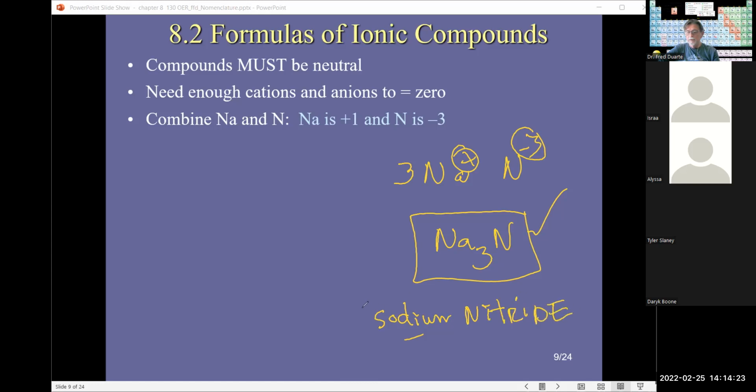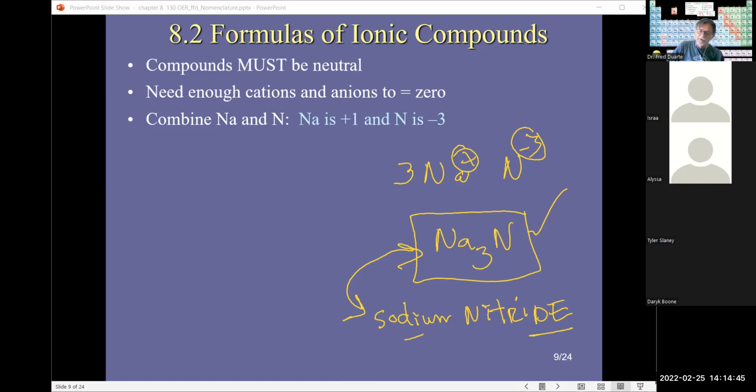Okay. And so I'm either going to be given the formula and be asked to name it, or I'm given the name and I'm asked to give the formula. So I have to decipher the name. That's why it's important that we understand the IDE and the ATE and the ITE.